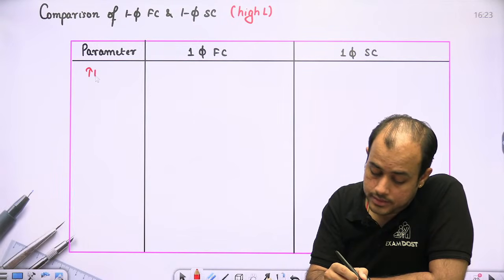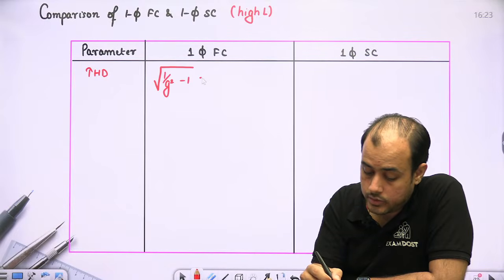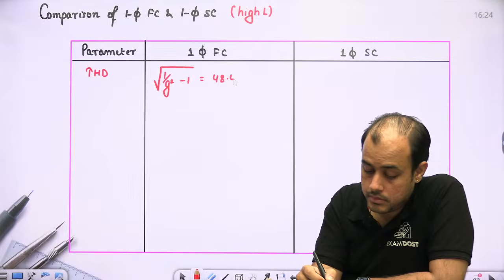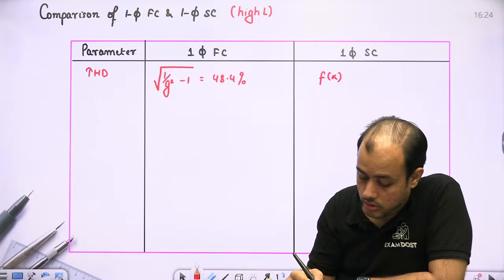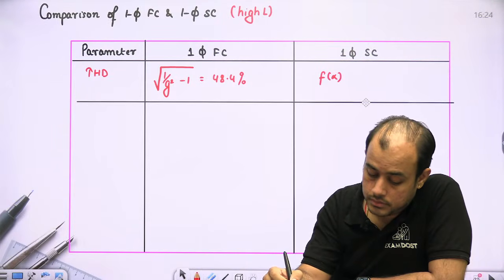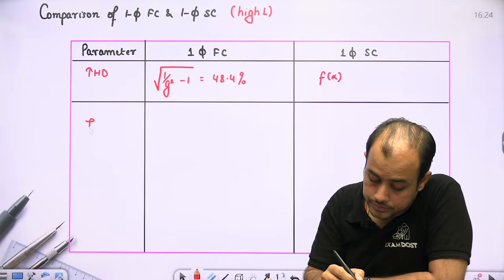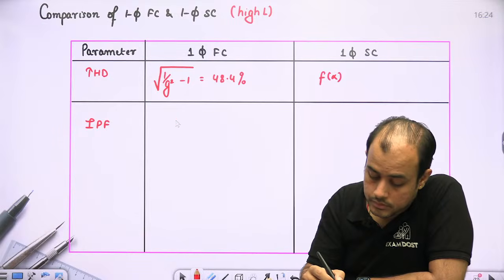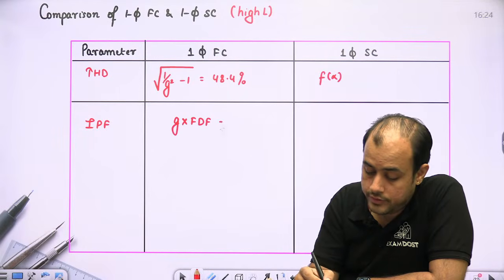नाउ THD is root of 1/G square minus 1. Here again it will depend on alpha. Put power factor G into FDF.